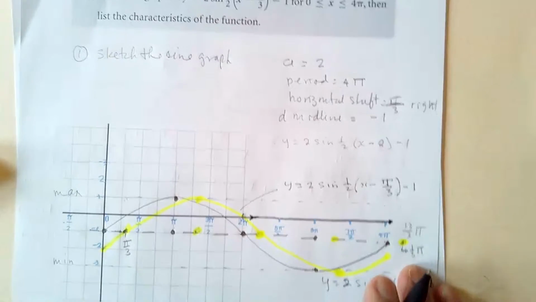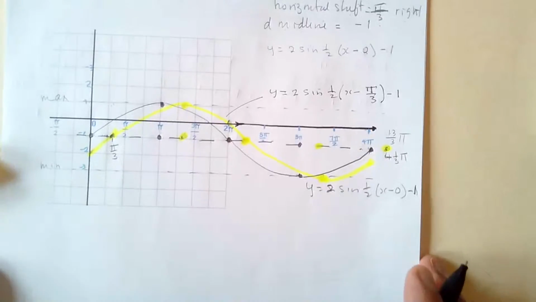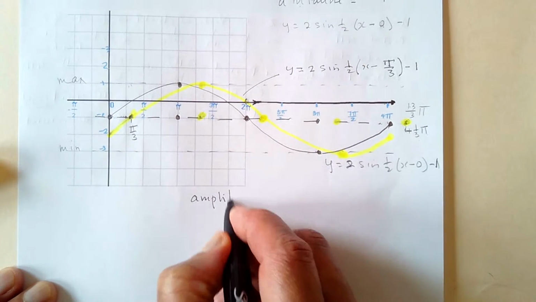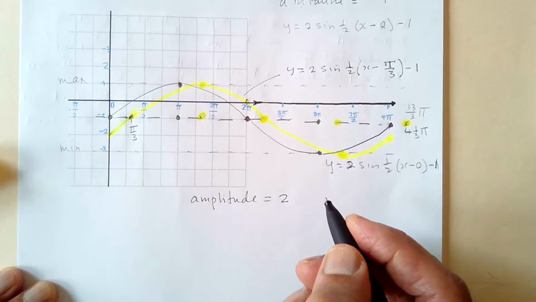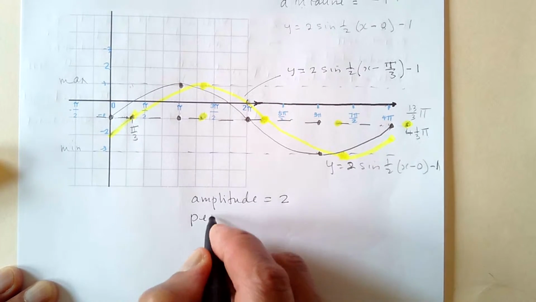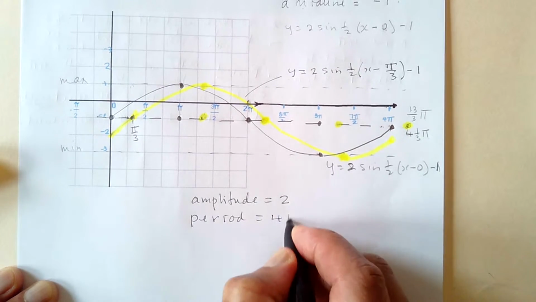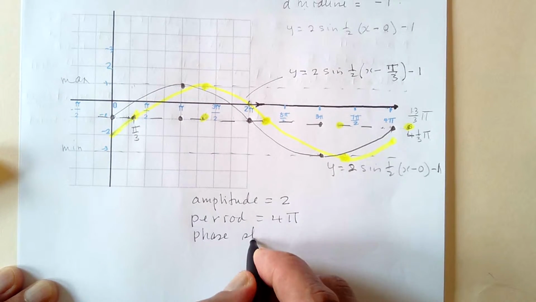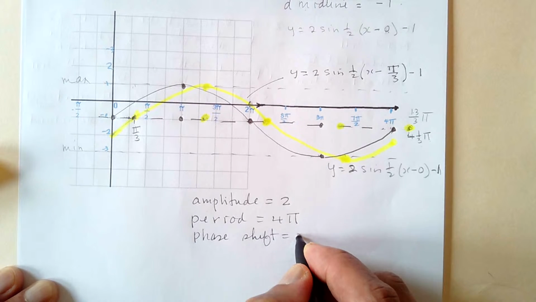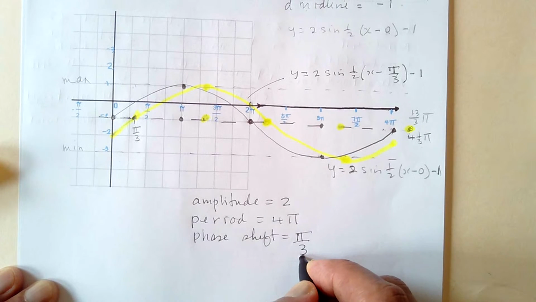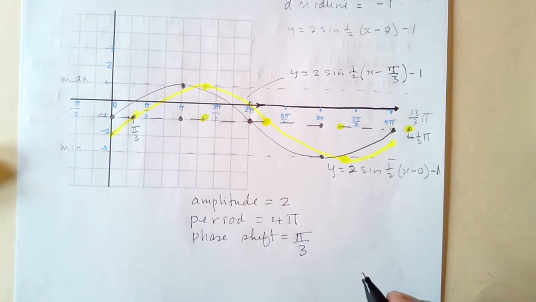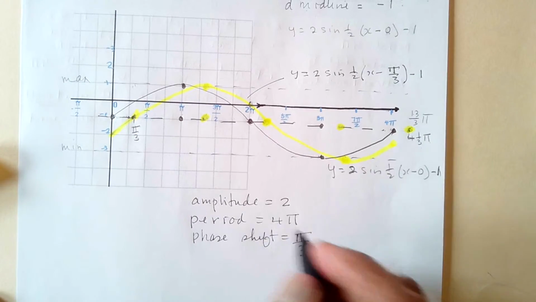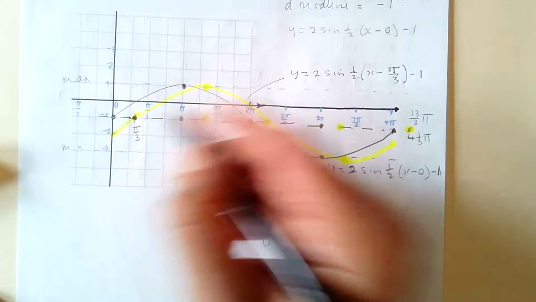So here, if I were to write these characteristics out neatly now: our amplitude is 2. The period is 4 pi. The phase shift is equal to pi over 3. Okay. Now our zeros, if we were to write those zeros, this would be pi over 3.